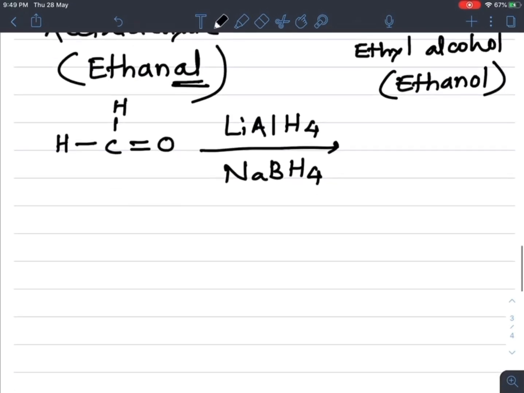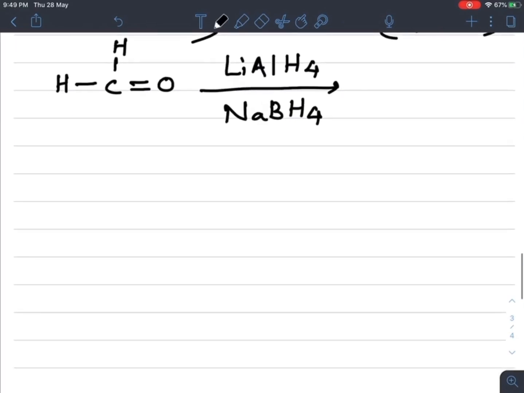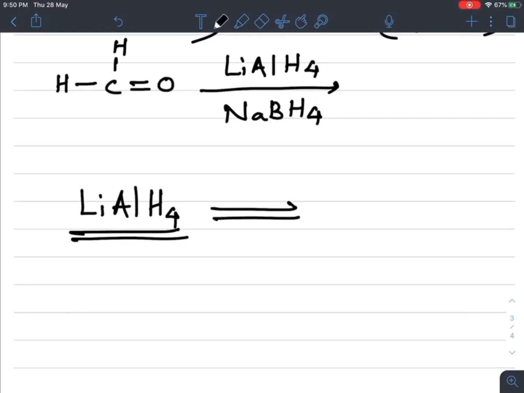This LiAlH4 is the strongest reducing agent. We will see the mechanism of the formation of the hydride ion. When LiAlH4 breaks, it gives Li plus and AlH4 minus.